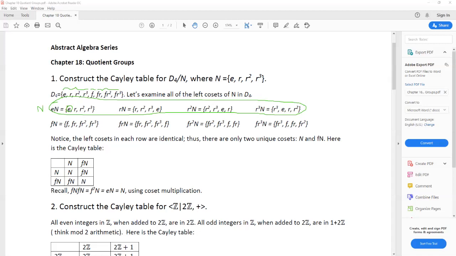In other words, all of these are the same set. And since any element in the set can represent the coset, I'm going to choose F and let this entire second row be denoted simply by Fn.